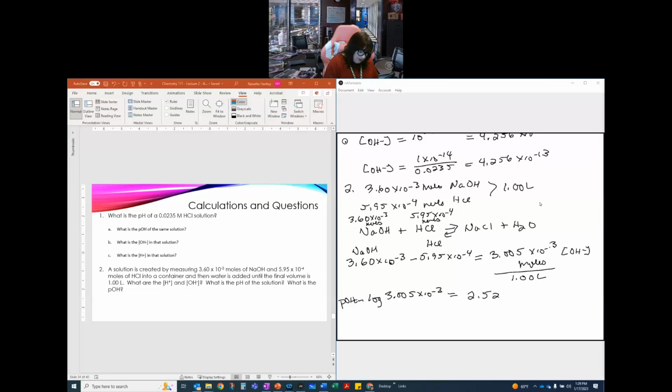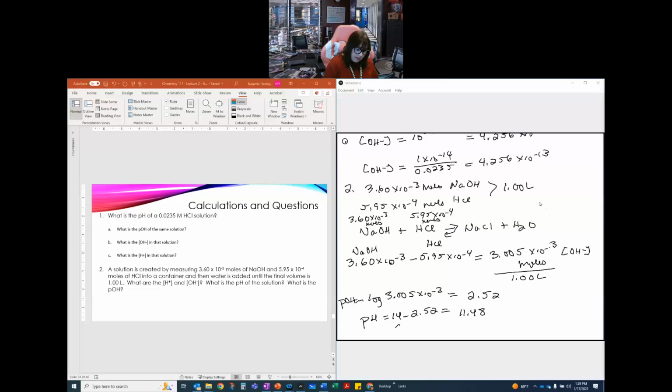And that's my pOH. Now, pH equals 14 minus the 2.52, which is 11.48. Okay, and that's my pH. I also need to know what is the concentration of H plus.